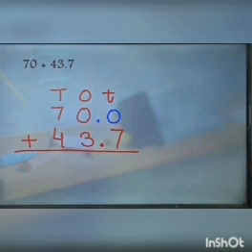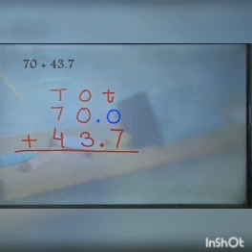In 43.7, 4 is in the tens place, 3 is in the ones place, and then there is the decimal point, and 7 is in the tenths place. Now I need to add these two. So what is the next step?